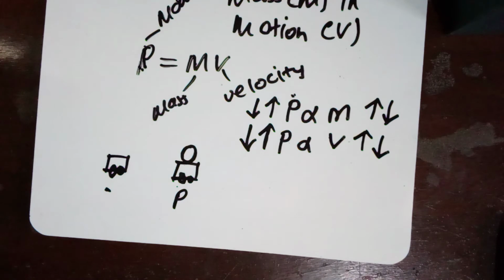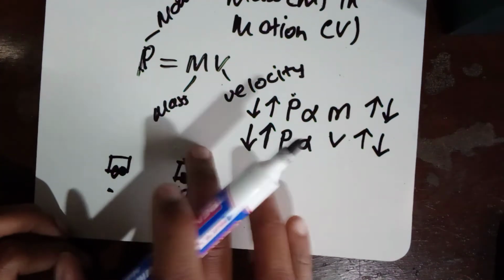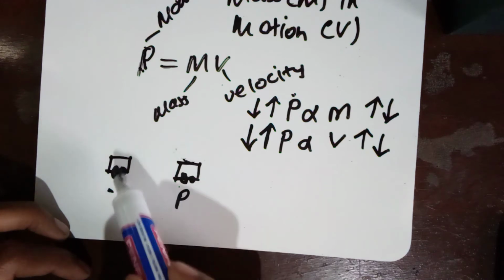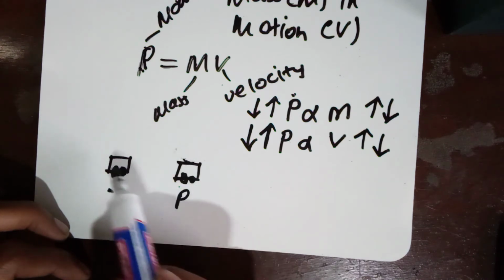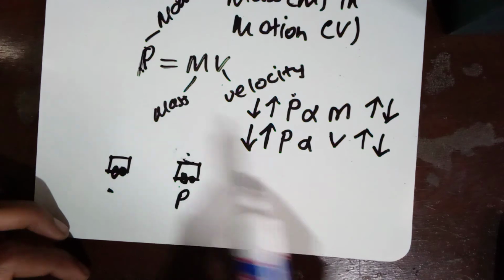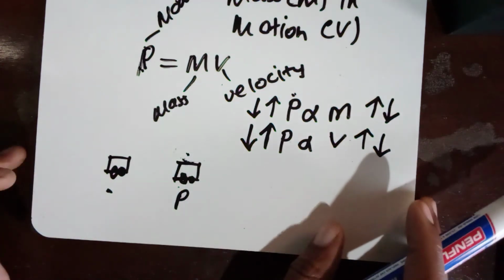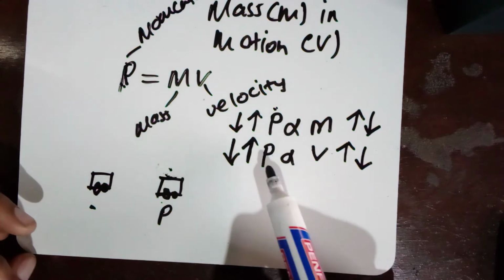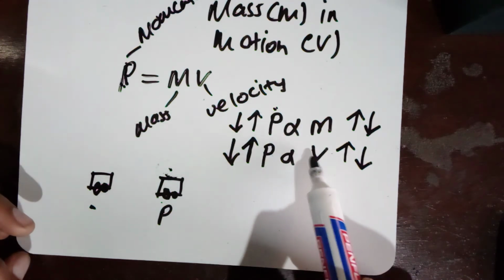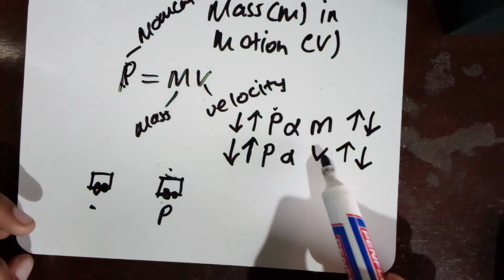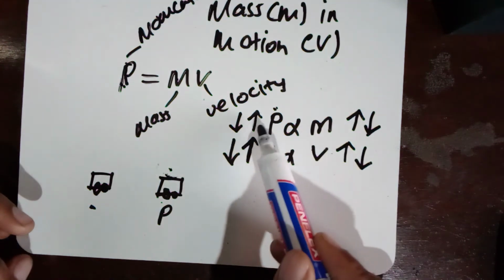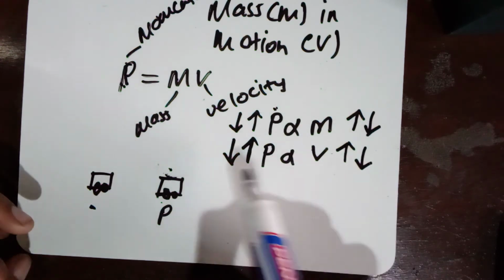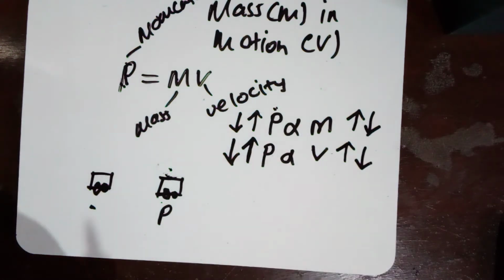As well, if you have the same cars and one is moving at a faster velocity, it will have a higher momentum. That is what we mean when we say momentum is directly proportional to the mass and to the velocity. An increase in mass or velocity results in an increase in momentum. A decrease in mass or velocity results in a decrease in momentum.